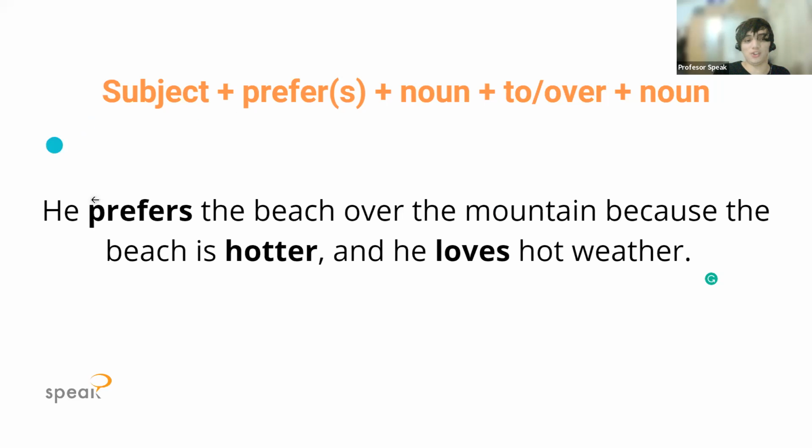So I want you to pay attention to this one. The words that are involved. He prefers the beach over the mountains because the beach is hotter and he loves hot weather. So we are applying preferences, comparative adjectives, and simple present. Okay? He prefers, he loves. The beach is hotter. Hotter.